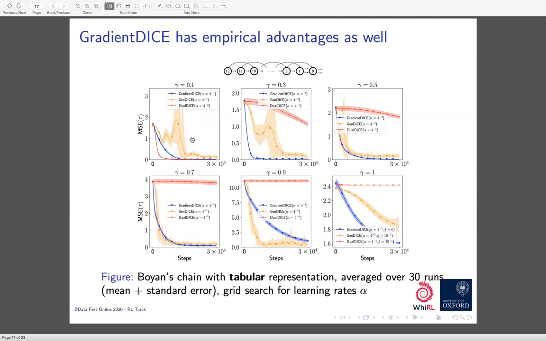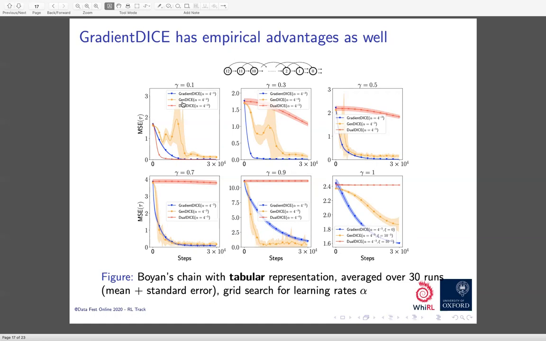So let's check out the results. As indicated by the red line, we can see DualDICE can't learn anything when gamma is large. For example, when gamma is 0.7, 0.9, or 1, DualDICE can't learn anything at all. This is expected because DualDICE is not designed to work with gamma equal to 1, and it's known to become unstable when gamma gets larger.